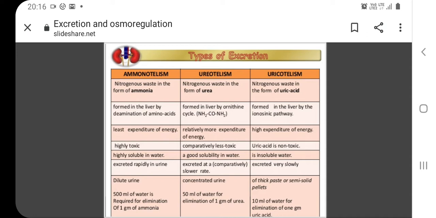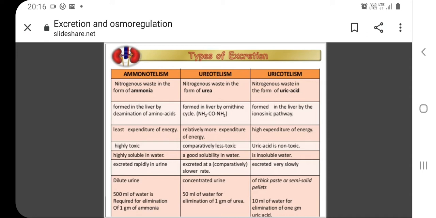Though I have covered most of the points, like in ammonotelism, the nitrogenous waste is in the form of ammonia. It is formed in the liver by deamination of amino acid. It is the least costly process, requiring minimum energy.